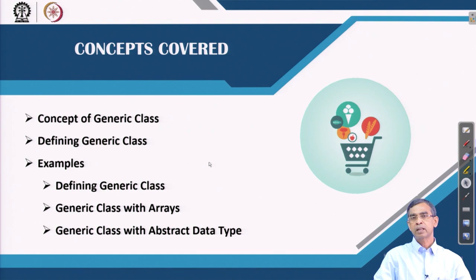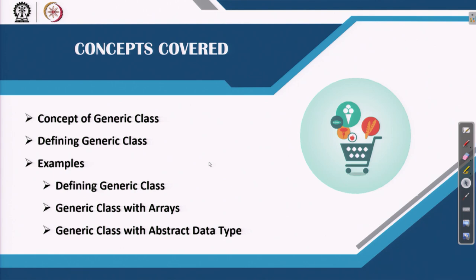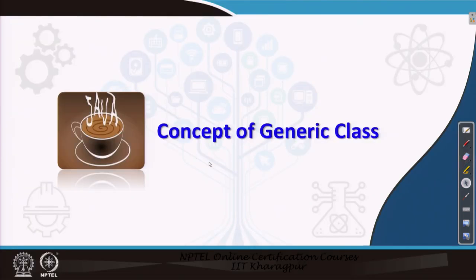This array of elements can be of any type, and then we will discuss how a generic class can also hold true for any type of data other than the primitive data or user defined data. So, that is the topic that we are going to discuss.